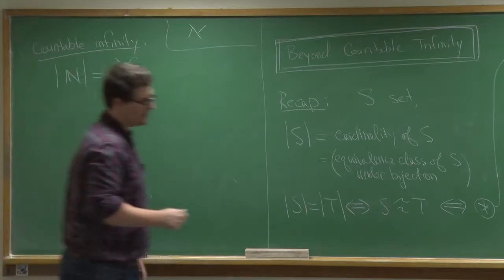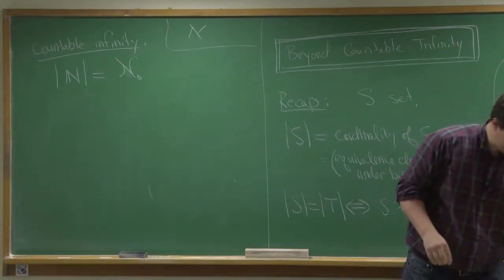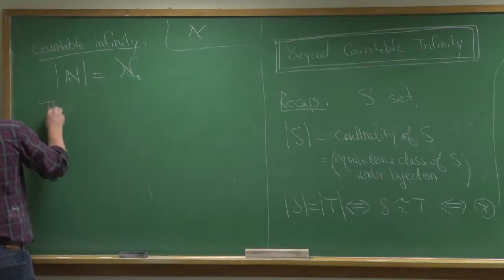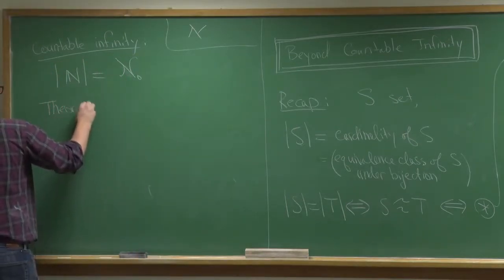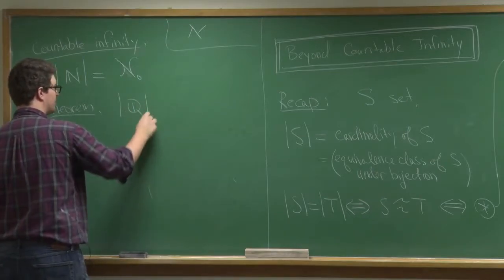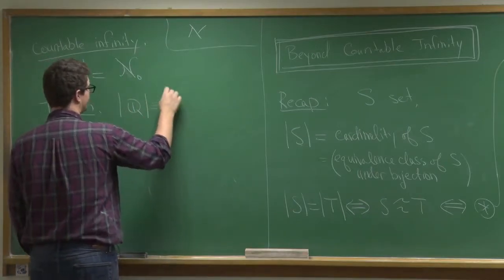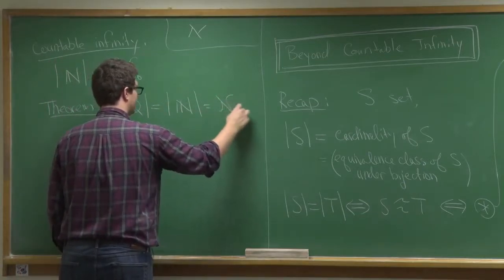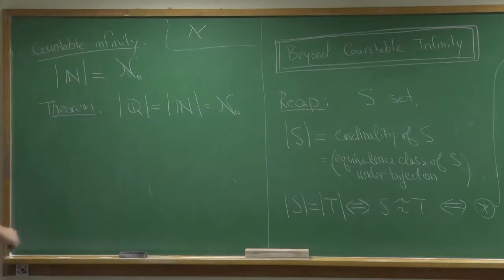And then what was the theorem we proved? We proved that the rational numbers had the same cardinality as the natural numbers. That was really weird.